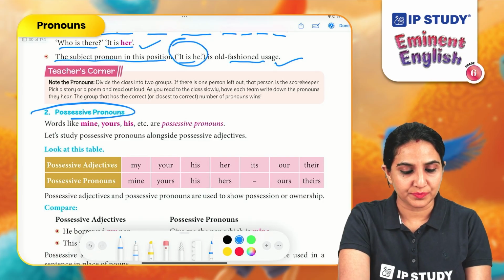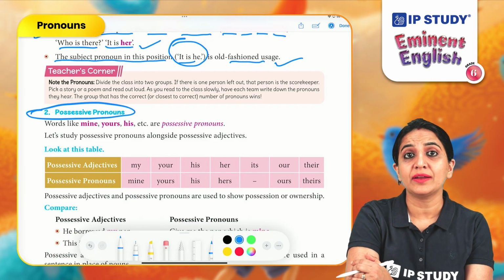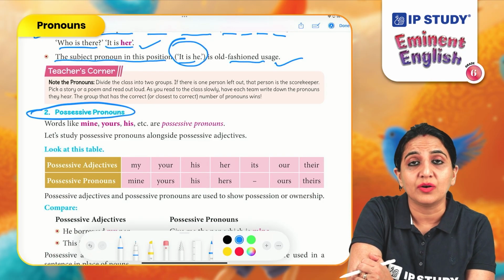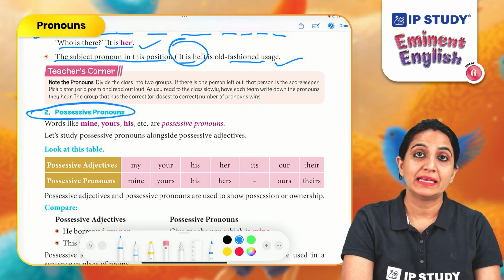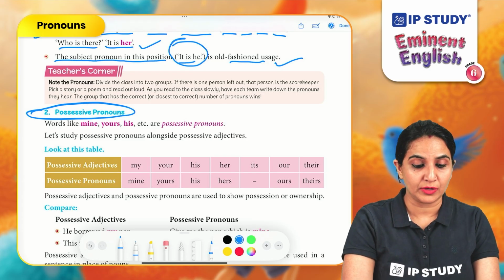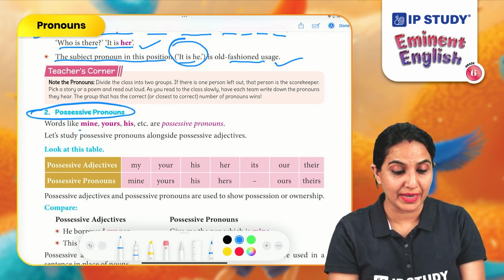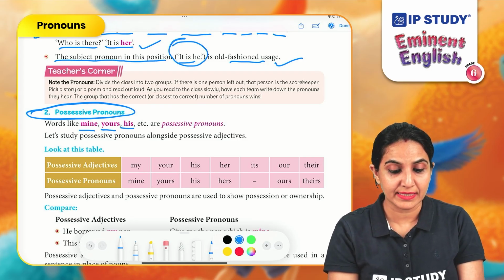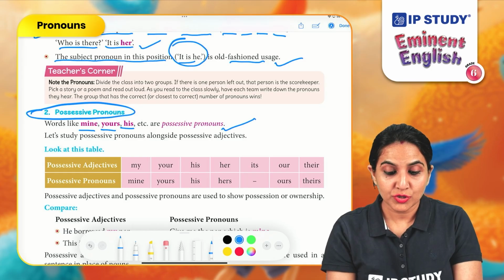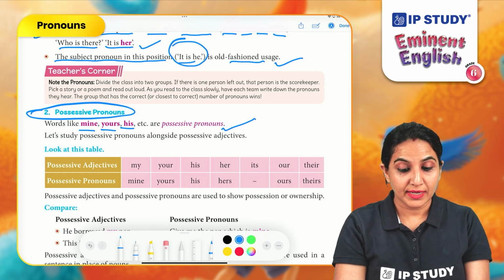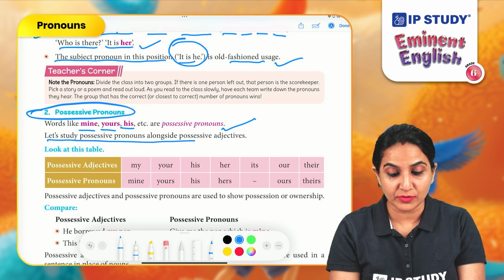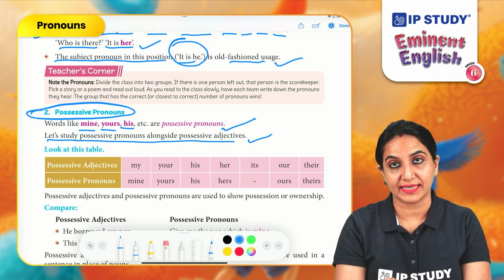Possessive pronouns. As you're already aware, possessive nouns show us the belongingness or the possession of something. Similarly, possessive pronouns are words like mine, yours, his. They are possessive pronouns because they show us the possession. Now let us study the possessive pronouns alongside the possessive adjectives.